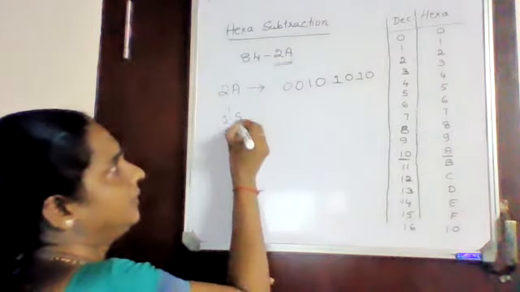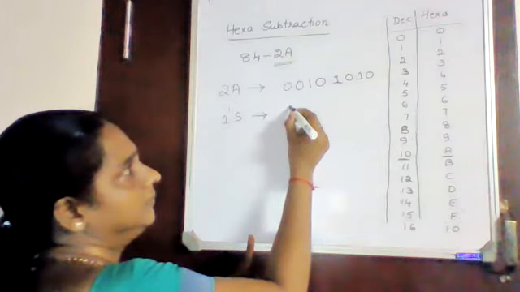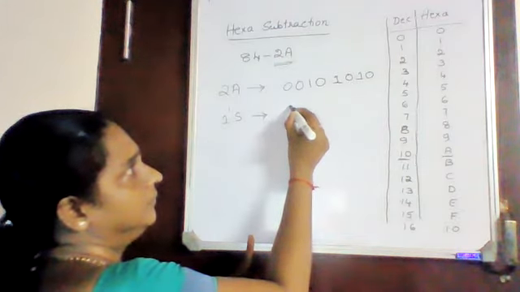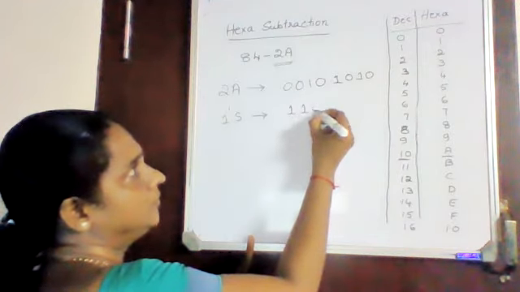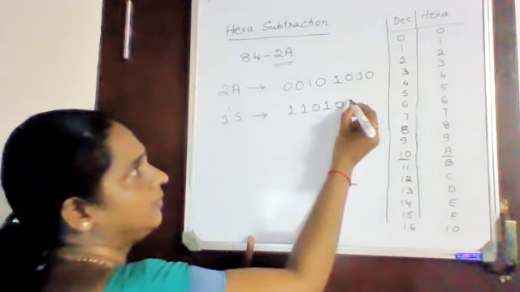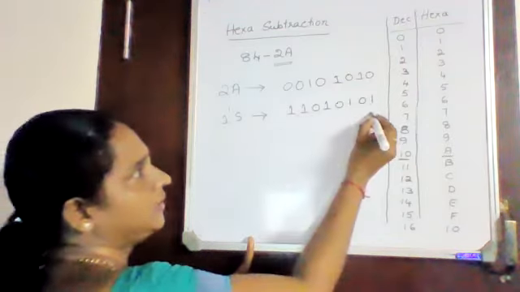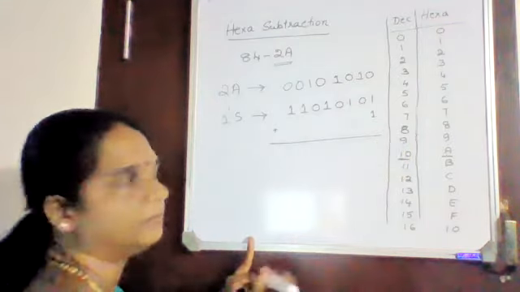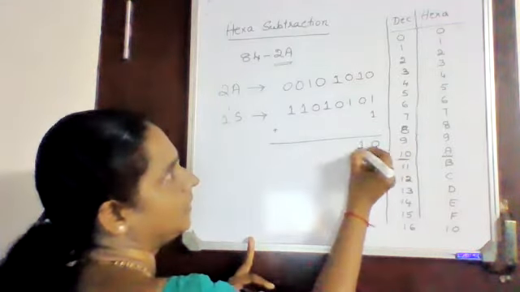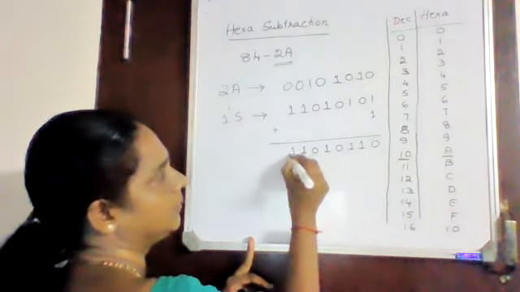So 1's complement is nothing but 1, 1, 0, 1, 0, 1, 0, 1. Add 1 to this to obtain the 2's complement. It is 1, 1, 0, 1, 0, 1, 1, 0.